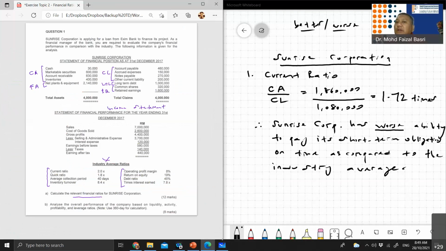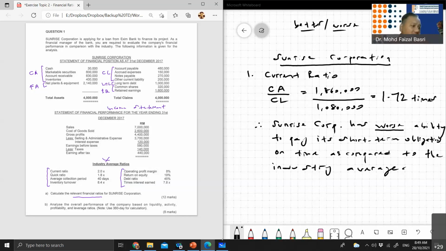So your explanation would be Sunrise Corporation has better ability to pay short-term obligations on time as compared to the industry average. That's how you play with the explanation. The underlined part you need to change according to the performance itself. But in our case, yes, it is worse because the ratio is lesser than 2.0.